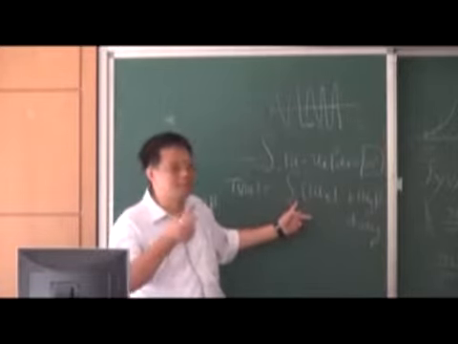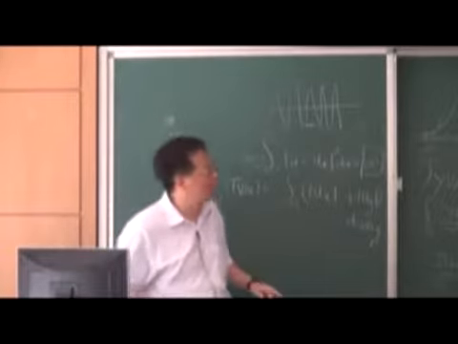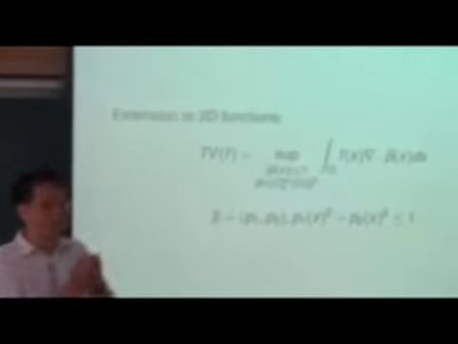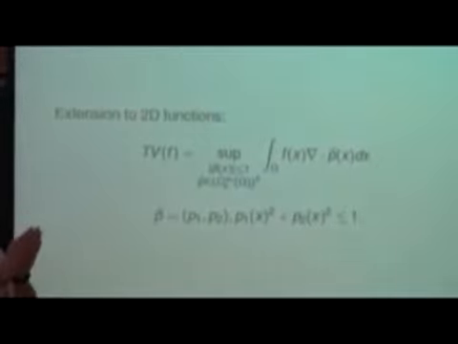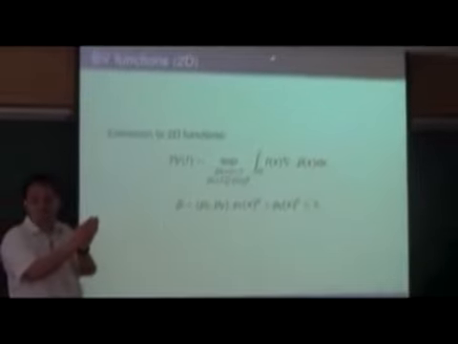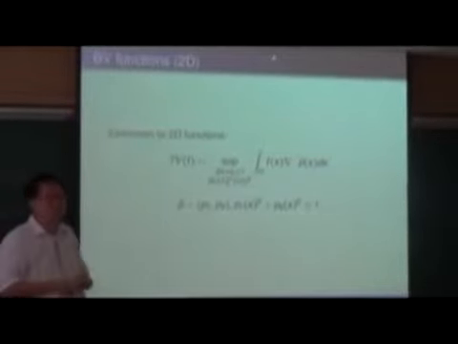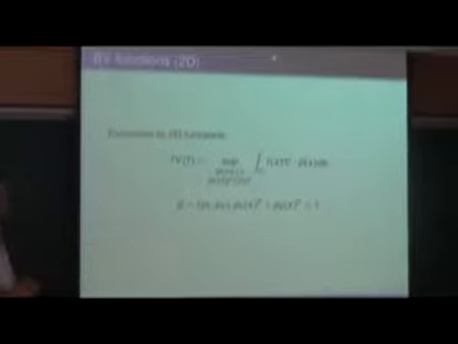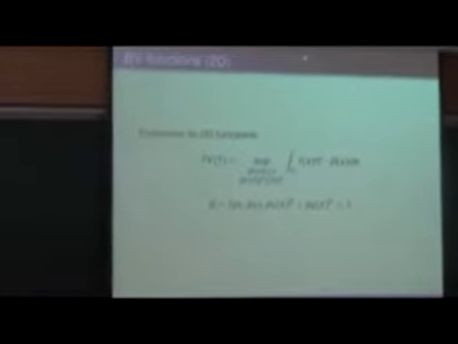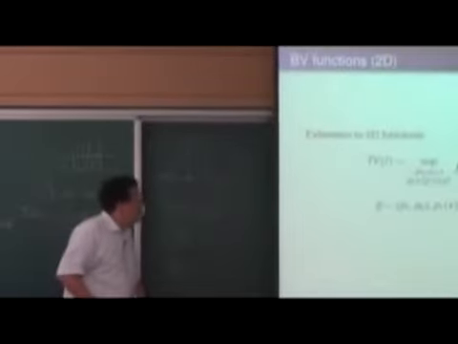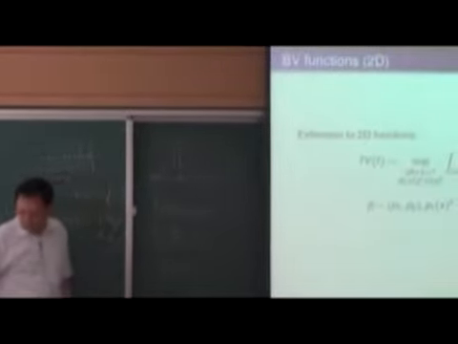But if you use this other way to define the total variation, it will still be the same if you rotate the image by any number of degrees. So this is one of the reasons it is used quite a lot, even though this way is easier and you can easily think about it. So this is one way to extend the total variation to two-dimensional things.